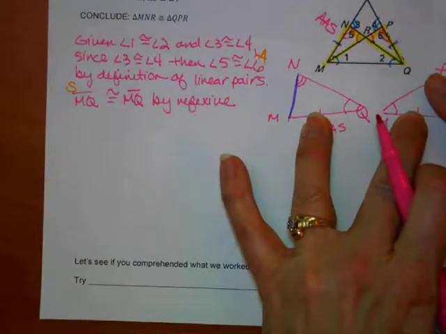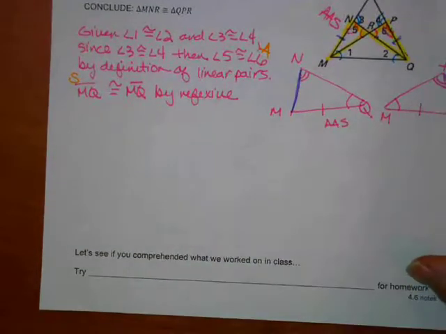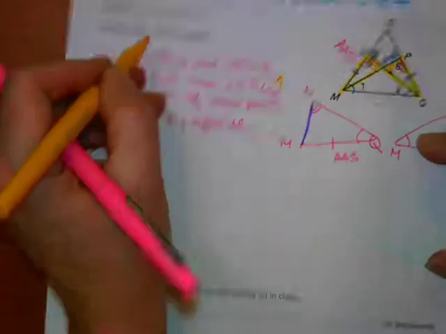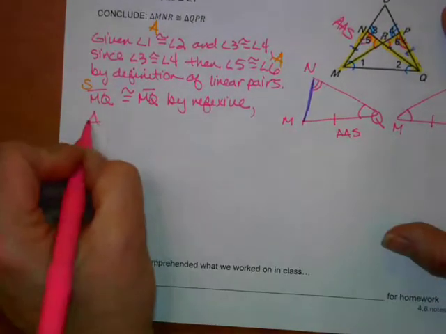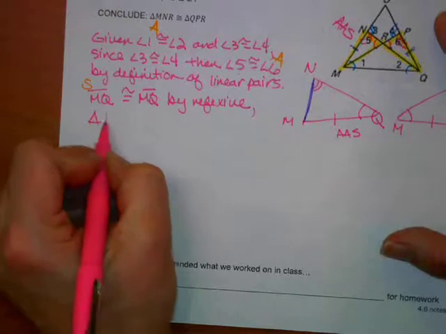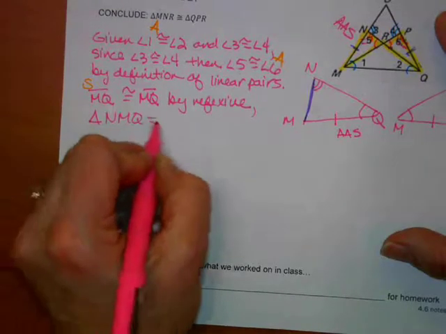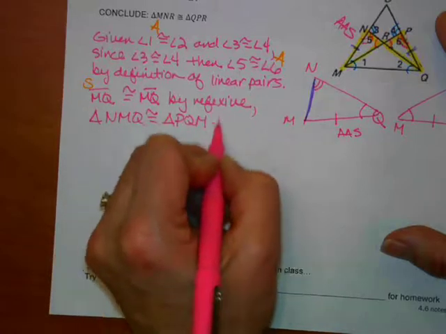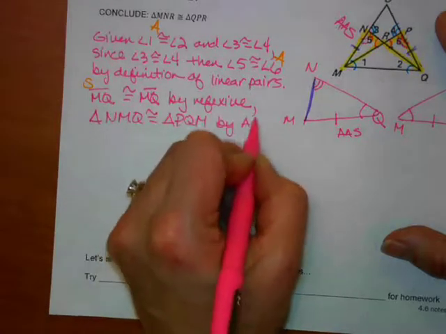The last thing we have to state is that that's it, because we already have 1 and 2 here. We have these here, so we're good. We can now state that those big triangles are congruent. So triangle NMQ is congruent to triangle PQM by AAS.